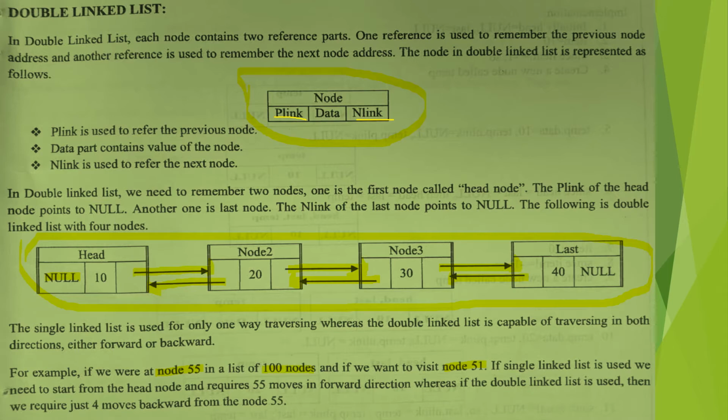So it requires 55 moves in the forward direction. Whereas if the user uses a double linked list, you require just 4 moves in the backward direction, because in double linked list the node contains the previous element address also. So from the 55th node in the backward direction we can traverse to the 51st element.